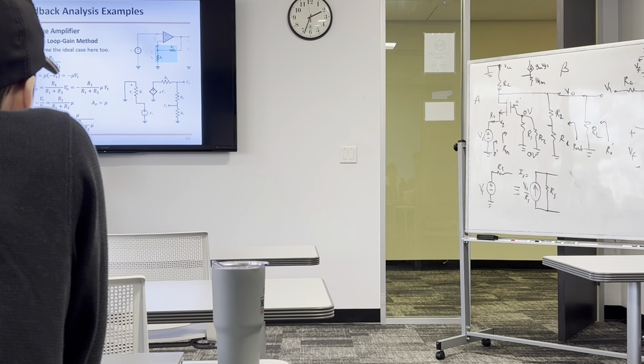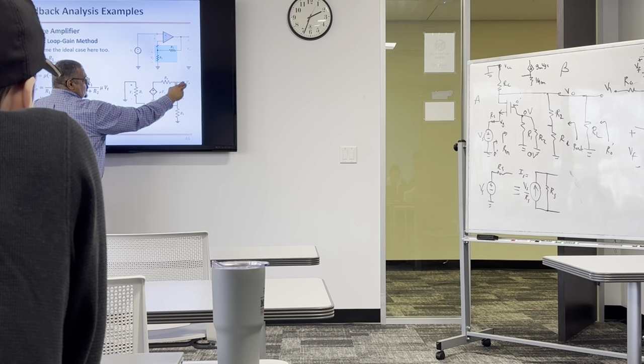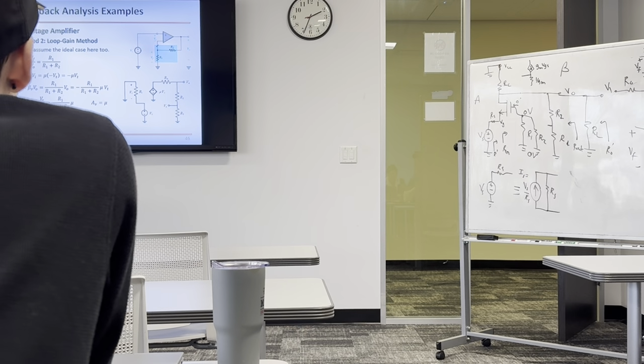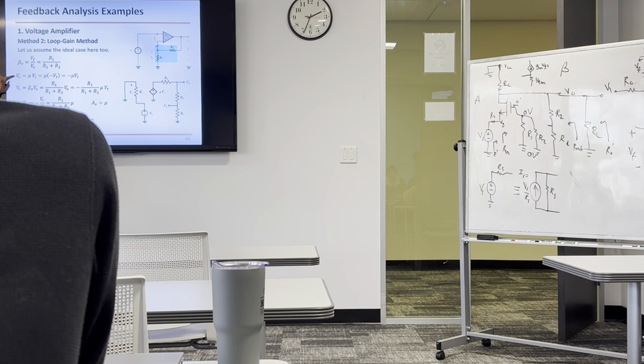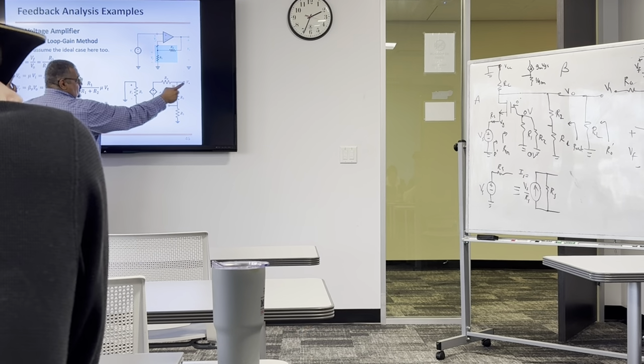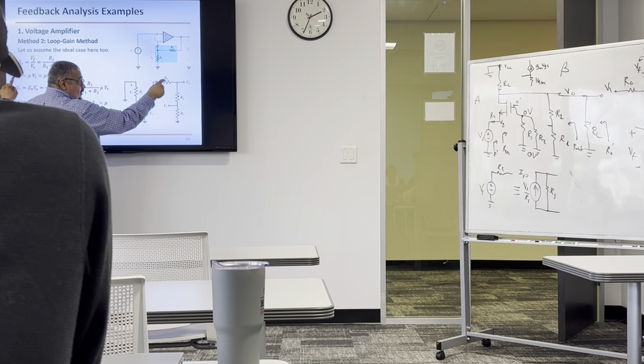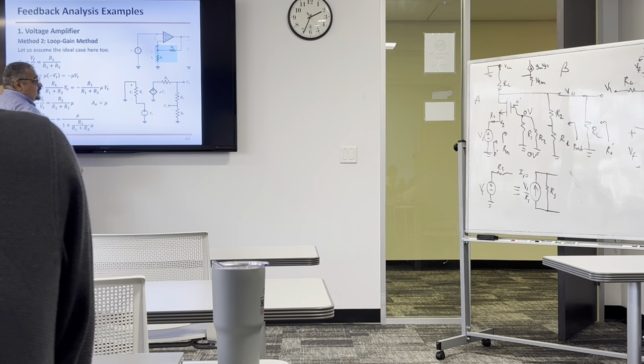What's VR? VR is V out times R1 divided by R1 plus R2. And what's V out? Here we can assume V out is the same as this, or we can do a voltage divider between this and these two in series. But we're going to assume R1 and R2 are very much larger than RO.